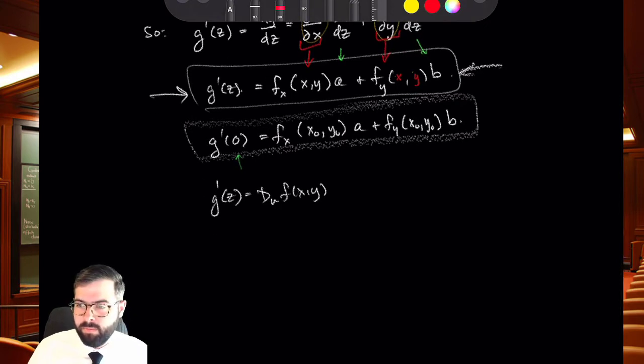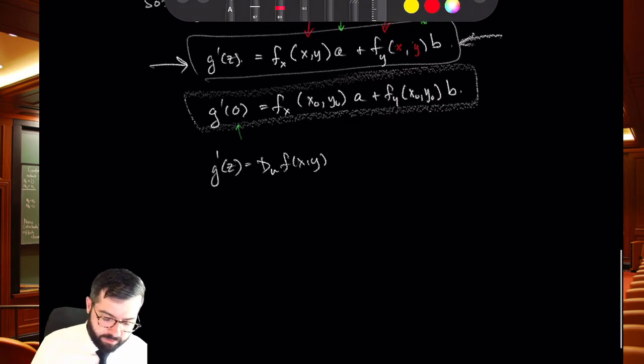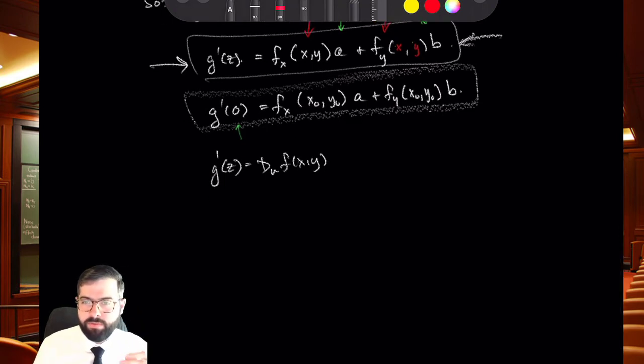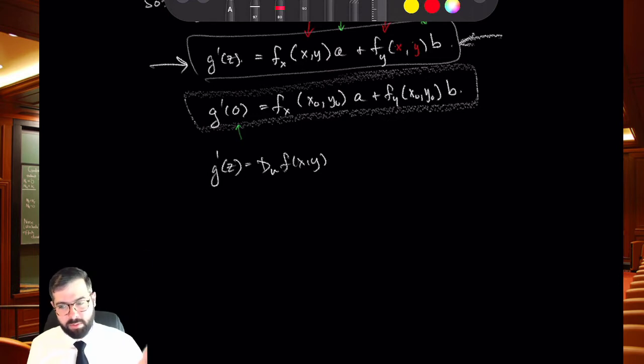Now, why did we do that? To show you that there's another way to arrive at this thing. The main point of this is to have this result that the derivative in the direction of u can be broken into how we weight the partial derivatives in the x and y direction. Okay, a is how much we do it in the x, b is how much we do it in the y.